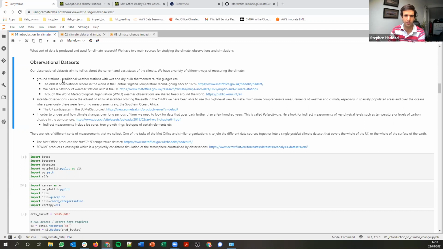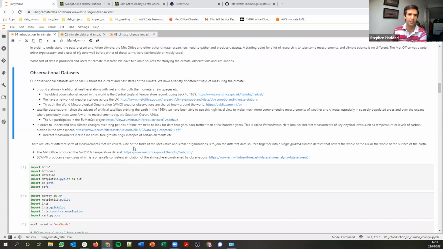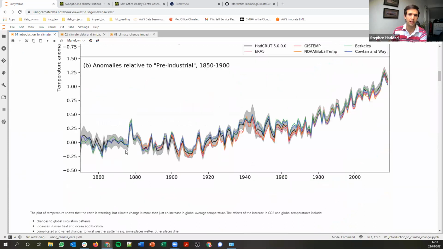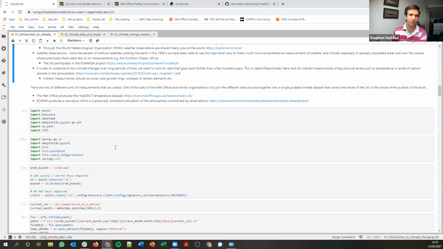For example, the Met Office produces a data set called HadCRUT5. We looked at a particular global average temperature produced by that, but you can get it on a grid covering the whole Earth, and indeed other organizations such as ECMWF, the European Centre for Medium-Range Weather Forecasts, produce such data.